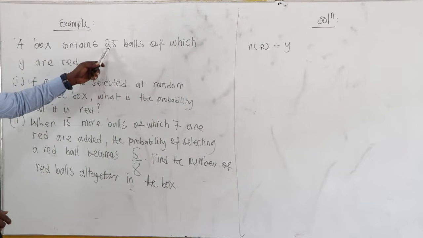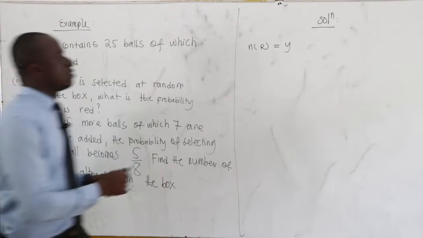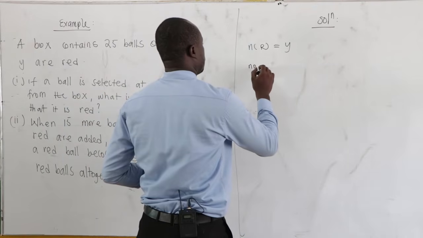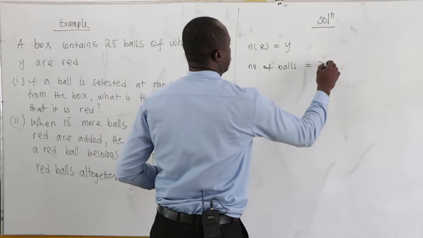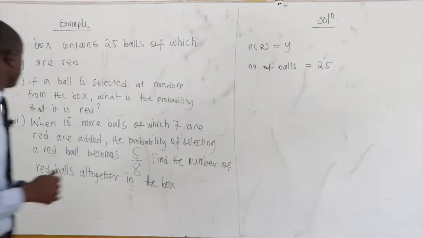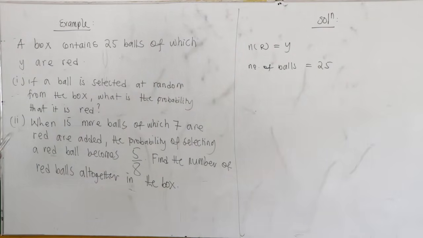We are being told that the number of balls is 25, and out of this, y are red. If a ball is selected at random from the box, what is the probability that it is red?